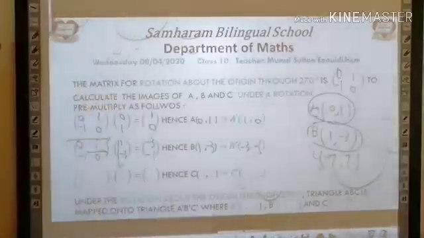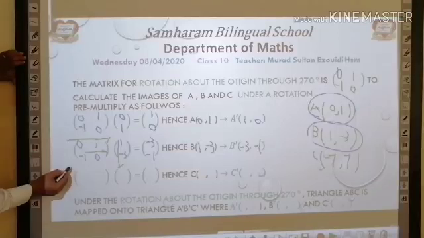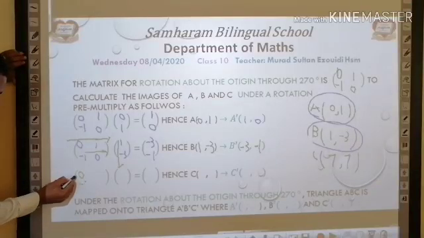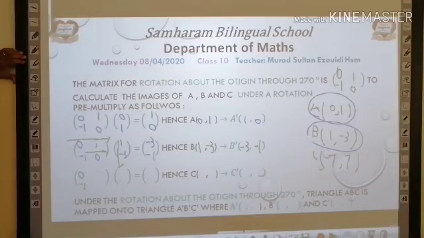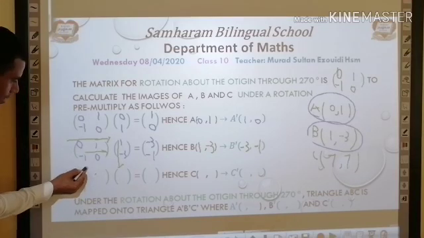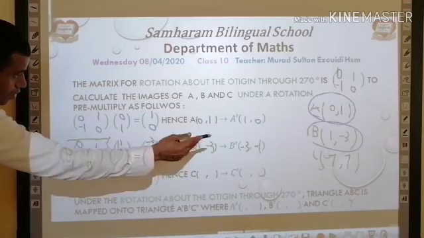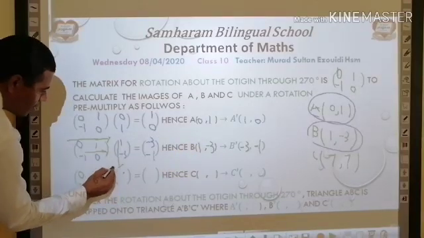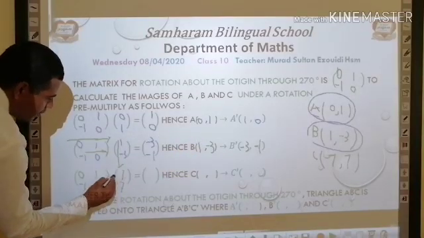Okay, the next one. 0, 1, 0, negative 1, this is my matrix for transformation about the origin anti-clockwise through an angle of 270 degrees, multiplied by the coordinates of the point C, which is 7, 7.